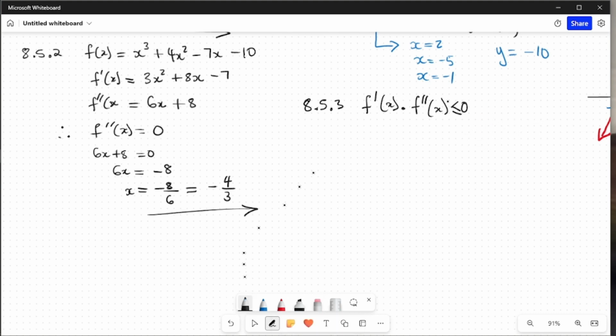The easiest way to find the answer is to take the first derivative, which is given as 3x squared plus 8x minus 7, and then multiply it with the second derivative as per the question. The second derivative we solved to be 6x plus 8. This is less than or equal to 0. Then you get this inequality whereby you have to solve for x.